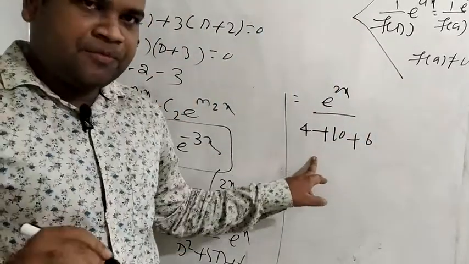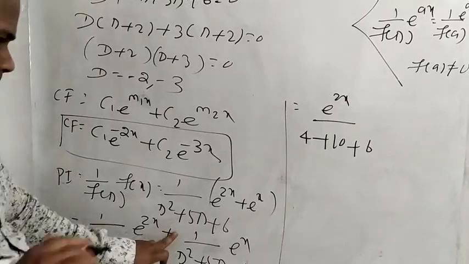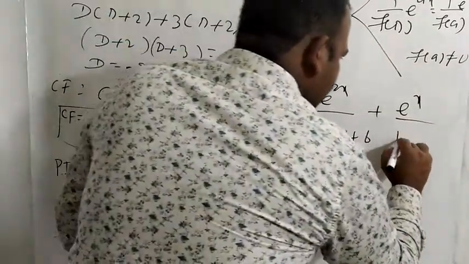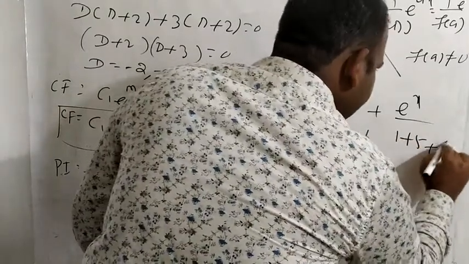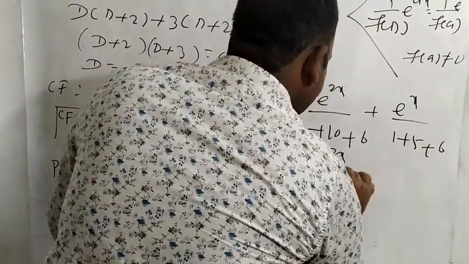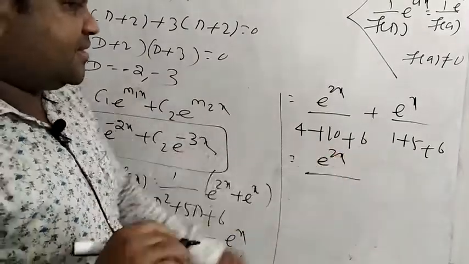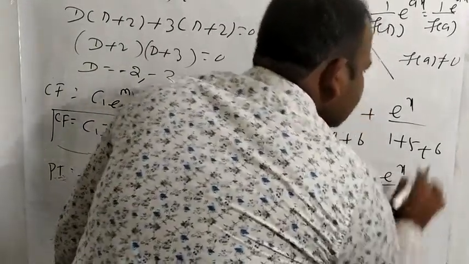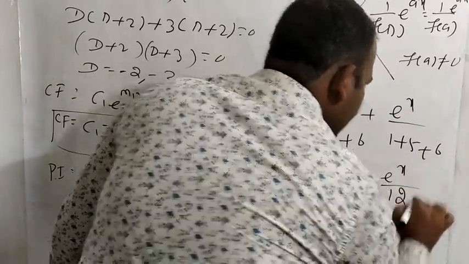It is not 0, so you can put it. Similarly here, e raised to x, a equals 1, so 1 plus 5 plus 6. So this is e raised to 2x upon 10 plus 6, 16 plus 4, 20, plus e raised to x upon 6 plus 5, 11 plus 1, 12.